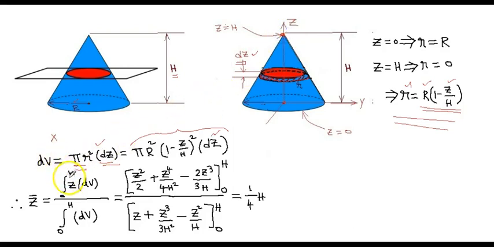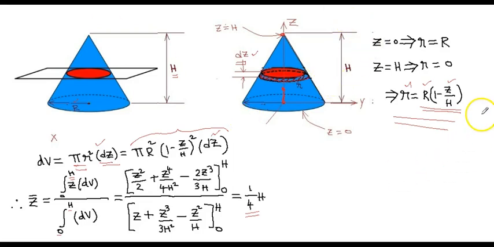So we evaluate it between the limits 0 to h and find the z coordinate of the centroid of the right circular cone as h over 4. That is, we show it over here. This distance, the vertical distance from the base, is 1 over 4 h.